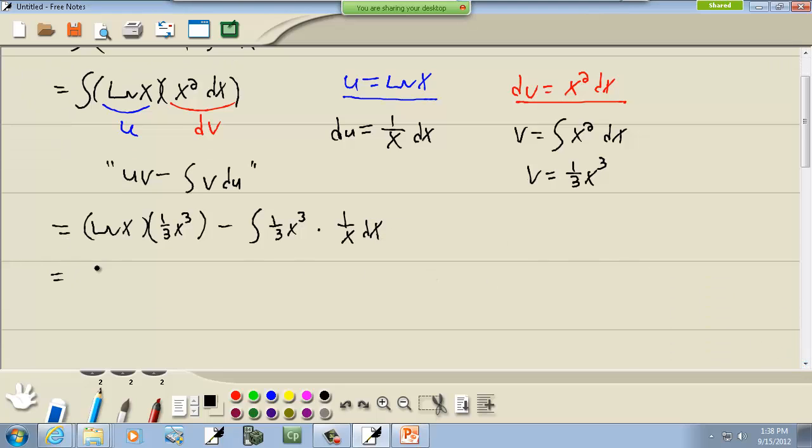Okay, I'm going to rearrange this a little bit. I'll put 1/3 x to the third, natural log of x, minus, take the 1/3 and put it out in front so I don't have to worry about numbers. And x to the third over x gives us x squared.